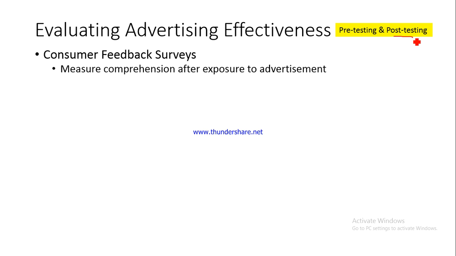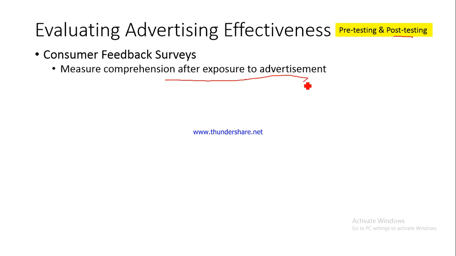So here we will be making use of surveys, and there would be questions posed to our respondents from those members in the target audience who have got exposed to our advertising campaign, and based on their responses, we'll assess the effectiveness, right? This can help us in measuring the comprehension after the exposure to advertisement.